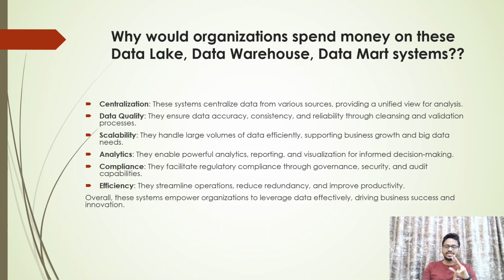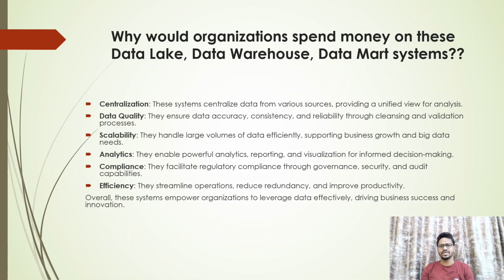It will help with centralized data. The data quality would be better. It helps to scale the data. In case of Ola, for handling the large amount of data efficiently, scalability is important. It also helps for analytics, for compliance, and for efficiency. So to achieve all of this for business benefit, organizations use these systems.